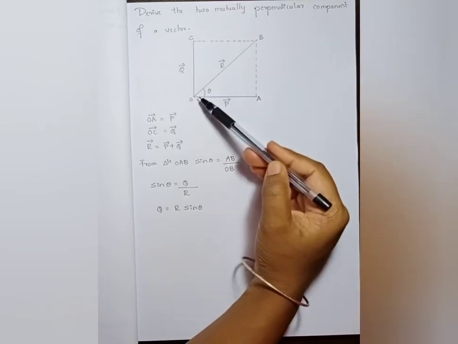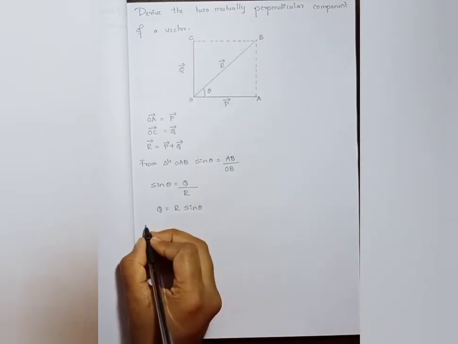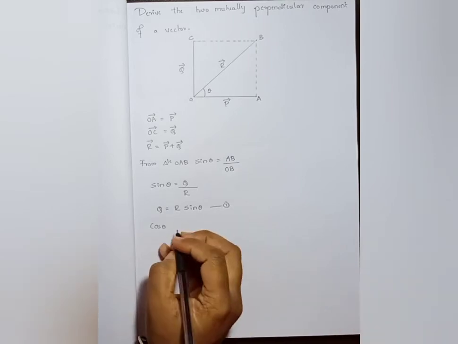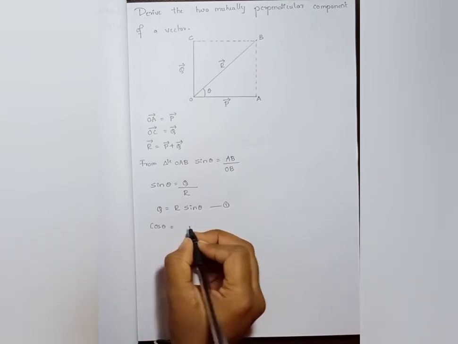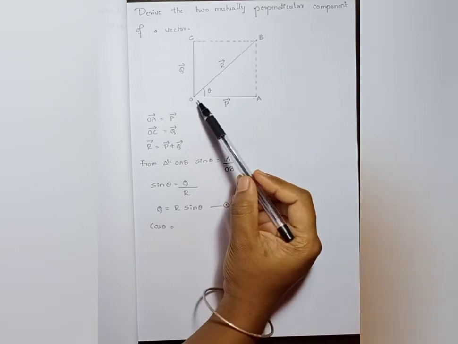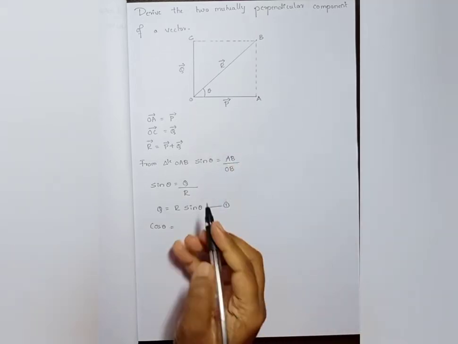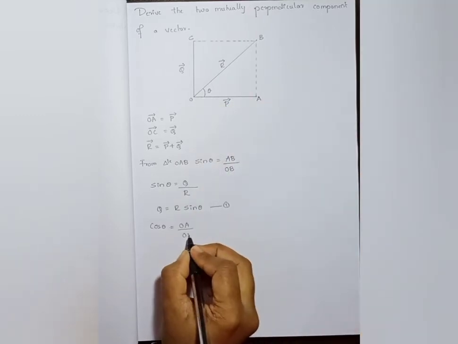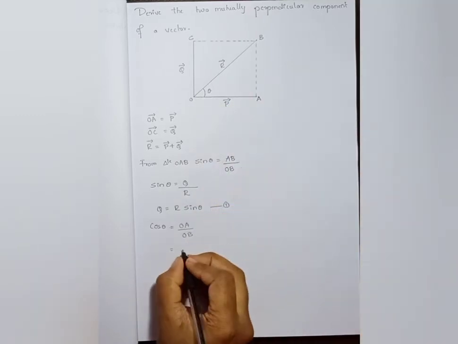This is equation 1. Next, we'll consider cos theta. Cos theta is equal to what? Adjacent by hypotenuse, that is OA by OB. What is OA?